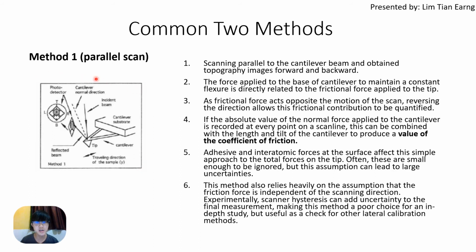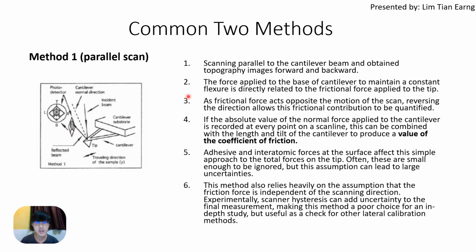Method one starts by scanning parallel to the cantilever beams, and you will obtain a topography image forward and backward. From the diagram, you can see the scanning is parallel, with the tip and the cantilever over here, and the beam is directed to almost the middle of the photodetector.